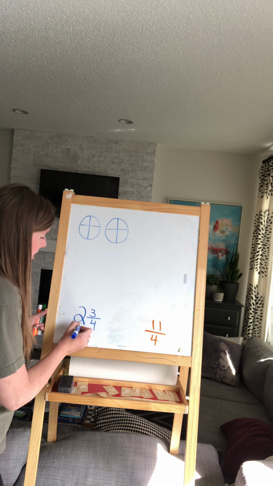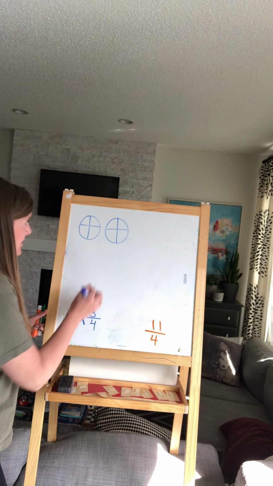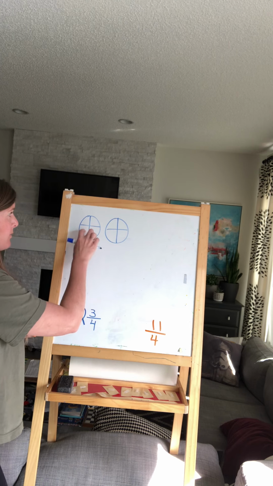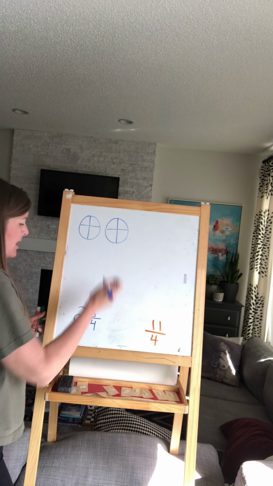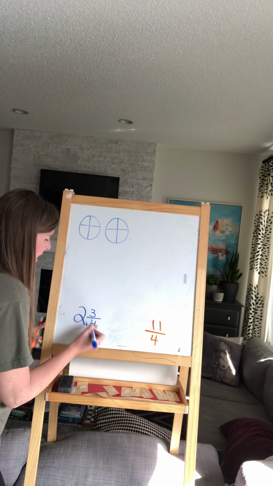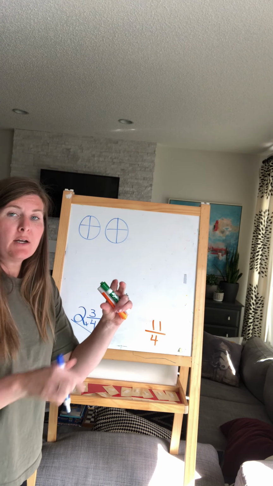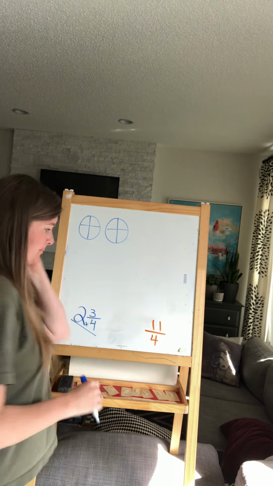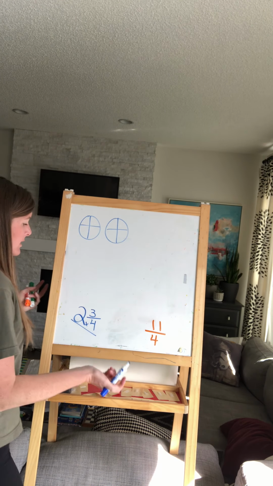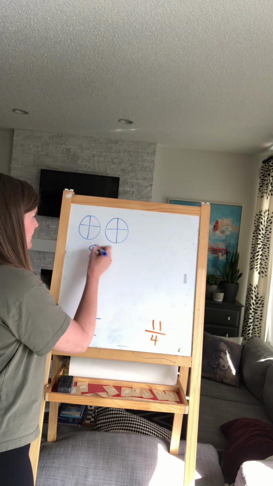I know that if I had 2 groups with 4 in each group, I'm simply multiplying 2 by 4, my whole number by my denominator. So 2 times 4 equals 8.